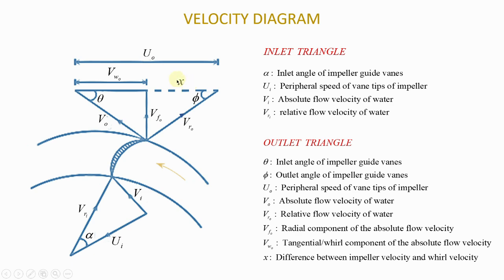And x that you see here, if you look at these dimensions, you will see that x is the difference between UO and VWO, because if you do UO minus VWO, this length minus that length, you get x. Remember, a velocity diagram is a way of graphically representing velocities in terms of length.